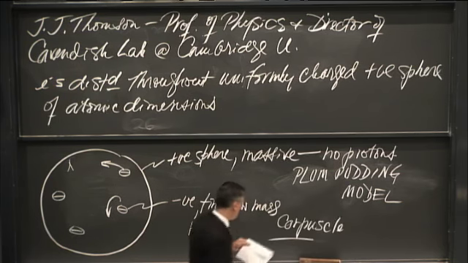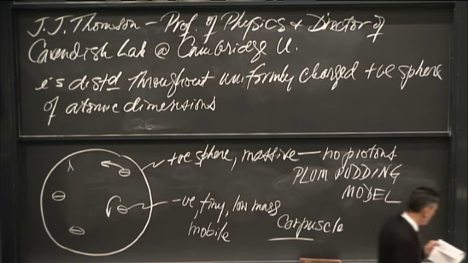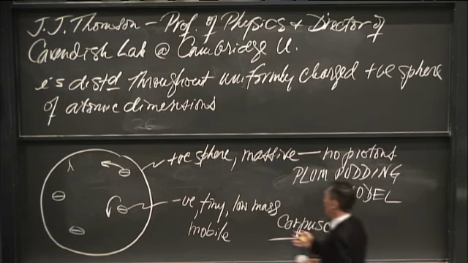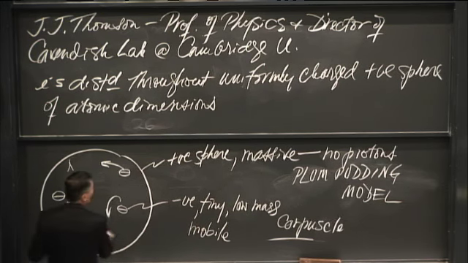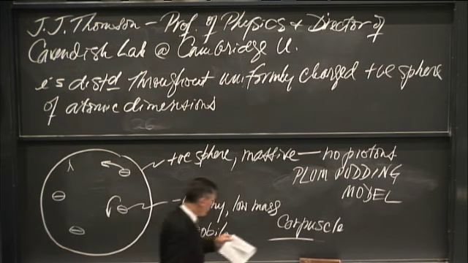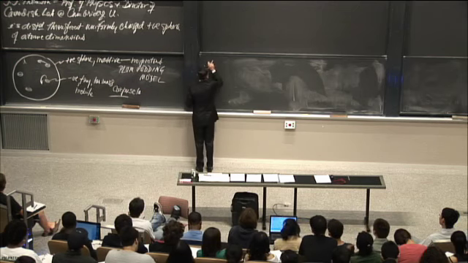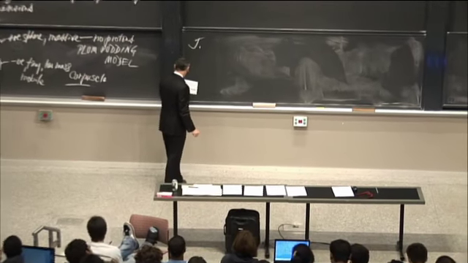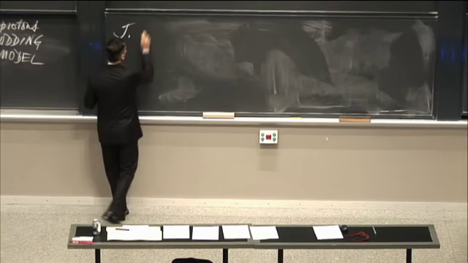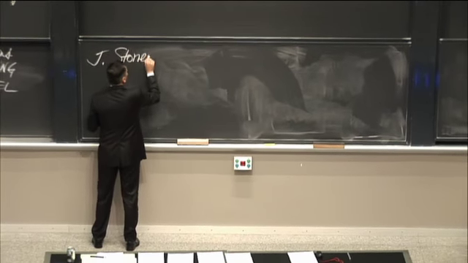He called it the corpuscle of electrical charge, whereas this is really an elementary charge. Fortunately, there was another British chemist, in fact an electrochemist, named Johnstone Stoney.